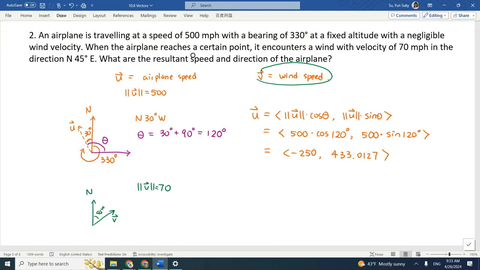Now let's figure out what theta is. This is like the x axis direction. If theta is 45, how do you compute it? You use 90 degrees minus the 45 degrees, that's why you get 45 degrees.